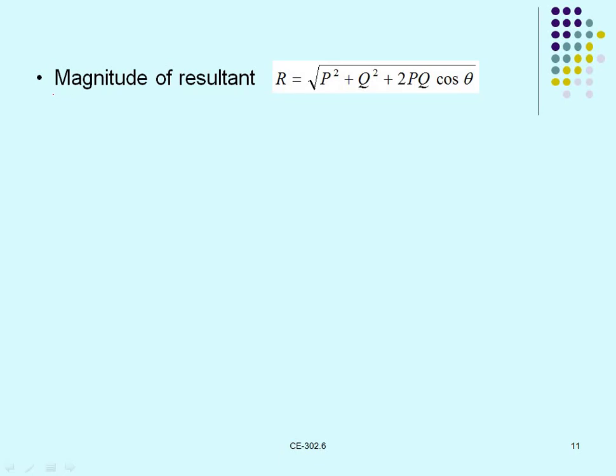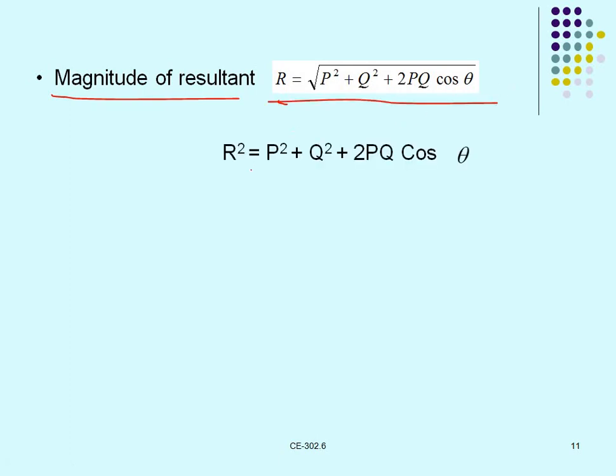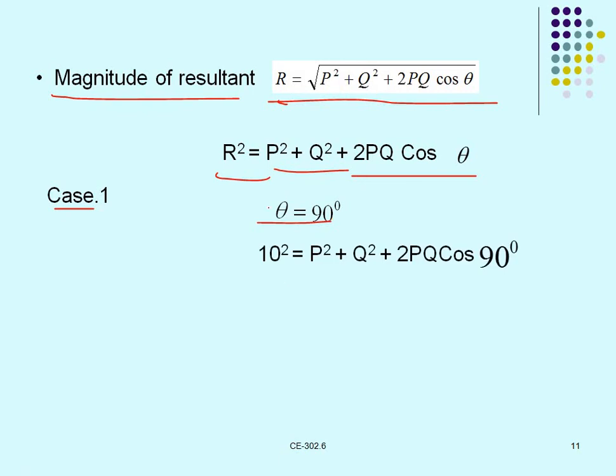Therefore the magnitude of resultant R is equal to root of P square plus Q square plus 2PQ cos theta. Substituting this, R square is equal to P square plus Q square plus 2PQ cos theta. In case 1, theta is equal to 90 degrees. Therefore R square is given, 10 square equals P square plus Q square plus 2PQ cos 90 degrees.